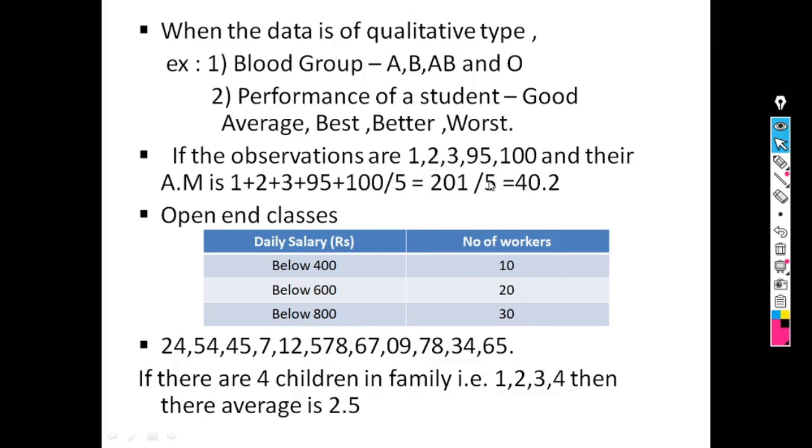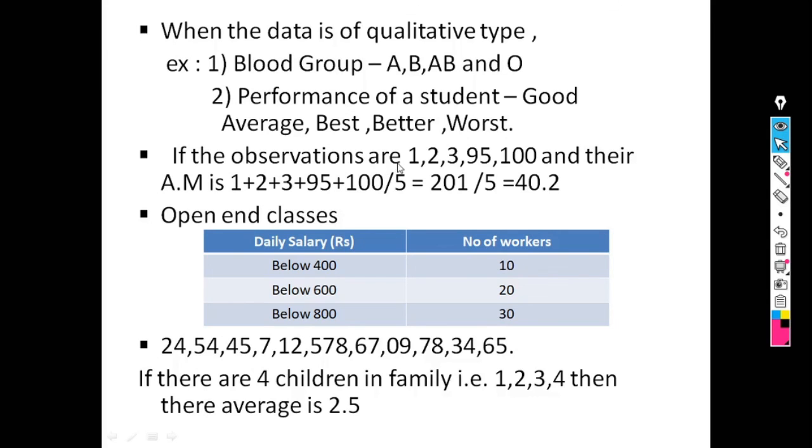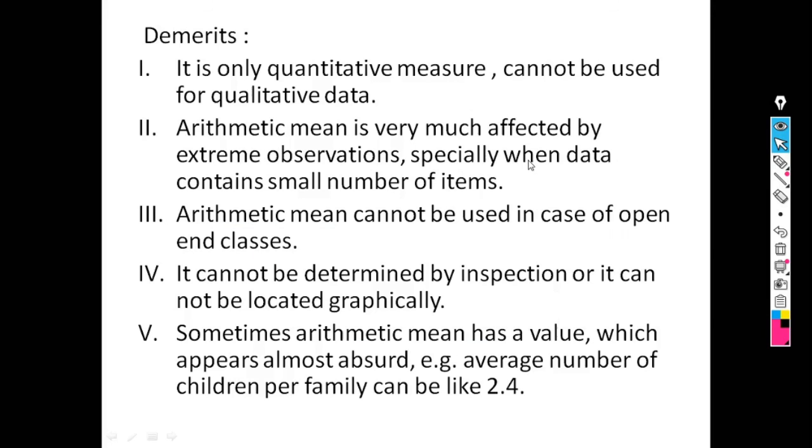So divide by 5. 201 divided by 5 is 40.2, means the data is affected due to the extreme observation. Extreme observation means 1, 2, 3 are the very small observation and 95 and 100 are the large observation. So arithmetic mean is 40.2. So it is much affected by this extreme observation.